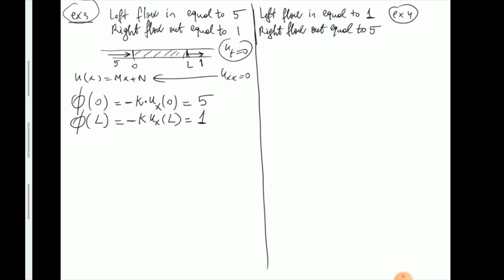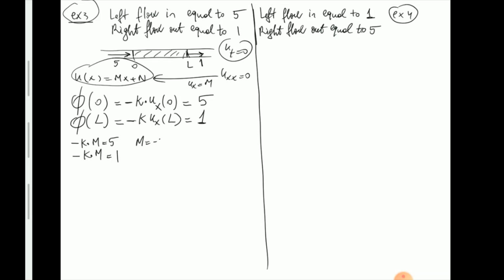Now remember, u partial x is just m in this particular case. It doesn't matter if it's at 0 or L. So because ux is equal to m, the first equation is minus k times m equals 5, and the second equation is minus k times m equals 1.